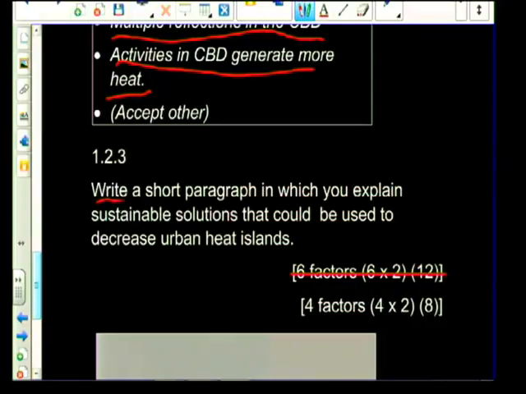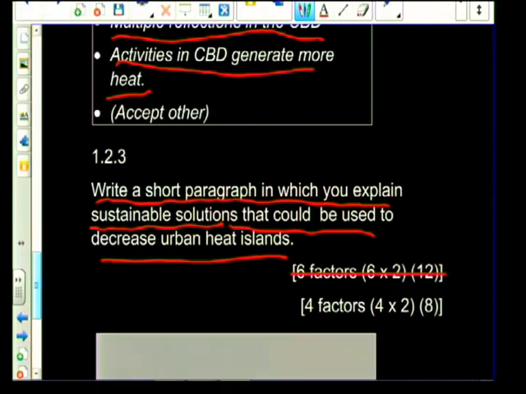Write a short paragraph in which you explain sustainable solutions that could be used to decrease urban heat islands. Some possible solutions, a higher order question. Taking it further, what can you do to undo this? Now, in the past, that was 6 times 2 equals 12.